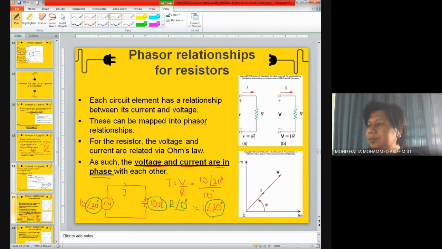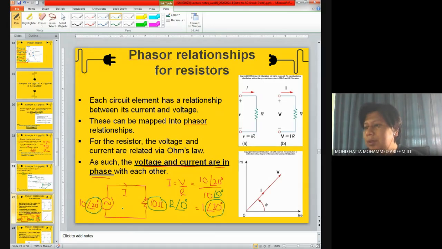So the magnitude should be 10, and the angle of the resistor is 0. That's why 20 minus 0 is 20, and you still get the same angle as the voltage.